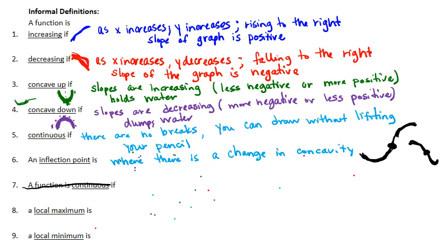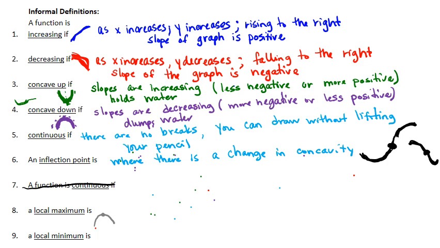Let's talk about local maximums and minimums. I know that you've talked about these in previous courses, so let's just remind ourselves of the formal definition of those. So a local maximum is this point. It's the very top point. The maximum is a y value, because we judge top based on y, not on x.